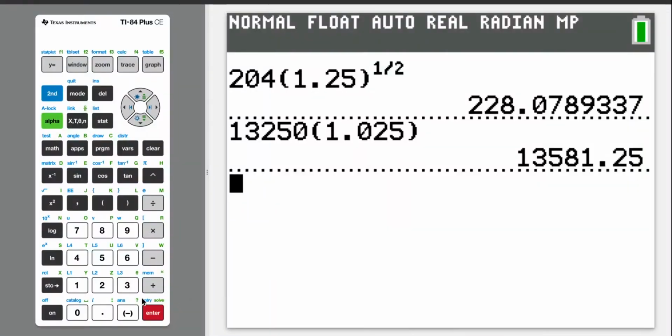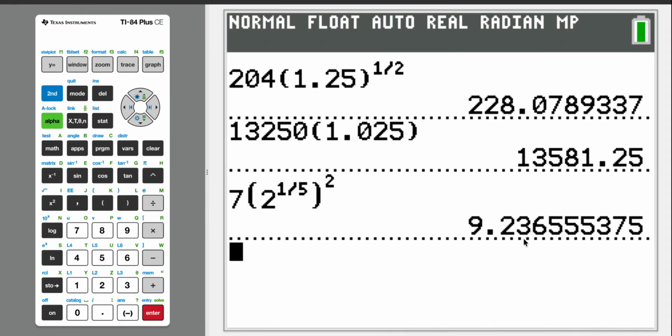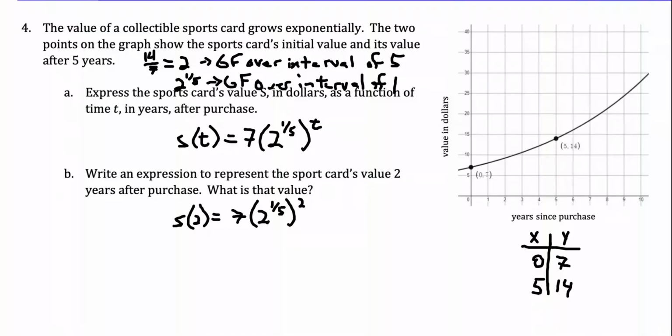And if I put that into my calculator, like that, we get, we're talking about money now, so if I round this to the nearest cent, about $9.24. And if we look at the graph, after 2 years, that looks like about the right value, just a little bit less than $10.